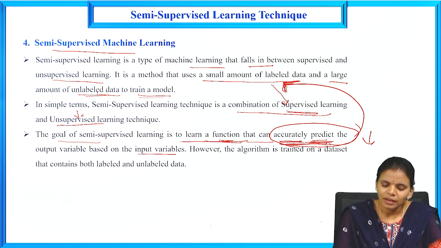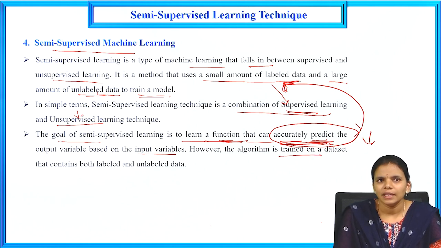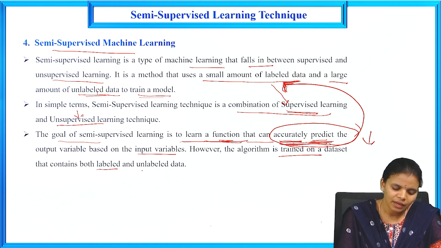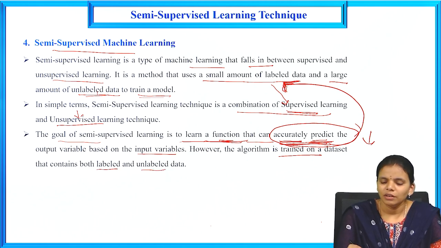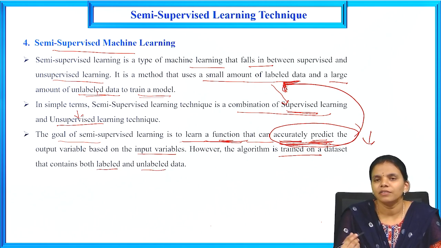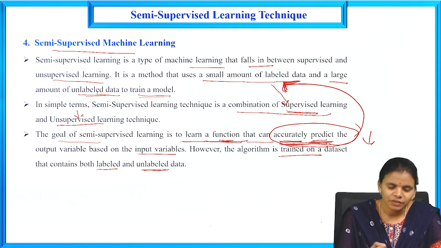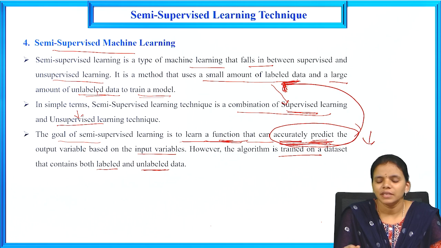So the algorithm is trained on the data set that contains both labeled and unlabeled data. It will use the labeled data set for training and the unlabeled data set for training.